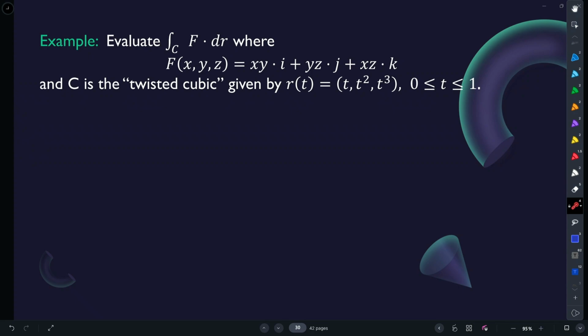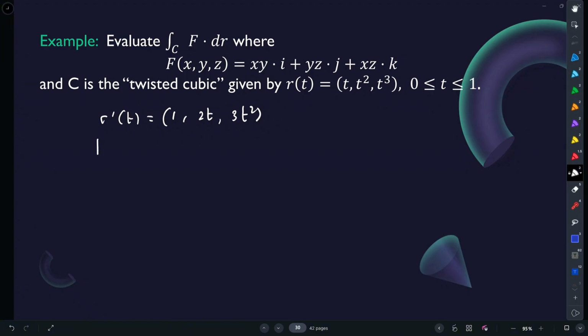So if we want to evaluate this with this force and along a twisted cubic, so this r(t) is given, I need to figure out what the derivative vector is. That will be 1, 2t, 3t squared for the derivative.